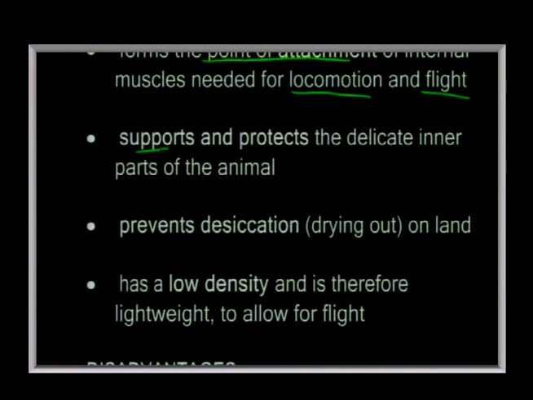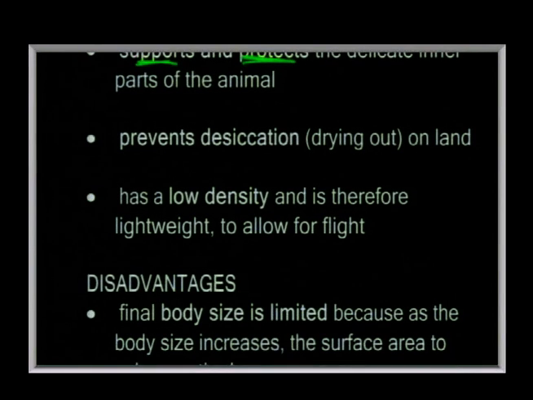It supports and protects the delicate inner parts of the animal. It prevents desiccation. There's no drying out for the animals that live on land. It has a low density. Now, this is very important, and that is why it is lightweight. Because imagine if it had a high density, that insect wouldn't be able to take off. Its body would be too heavy.